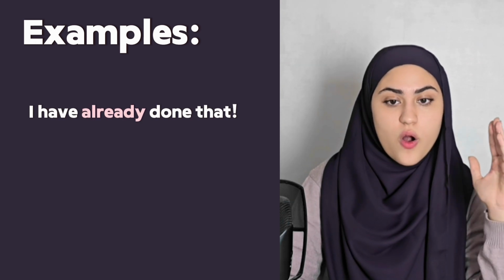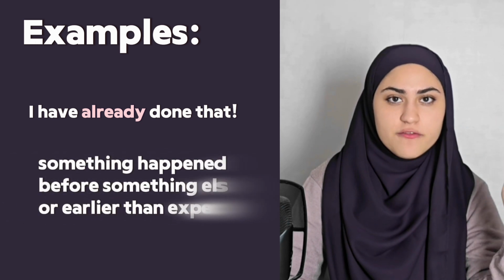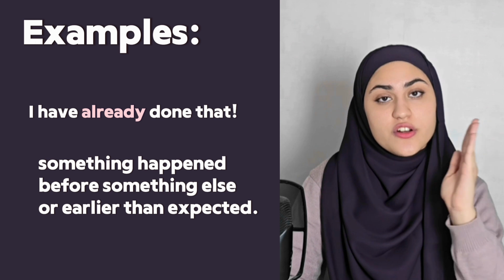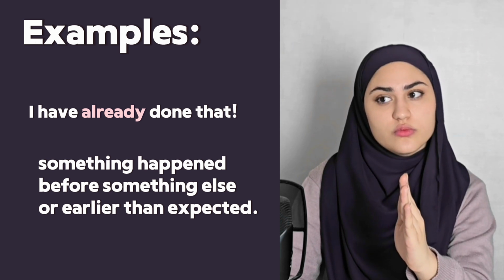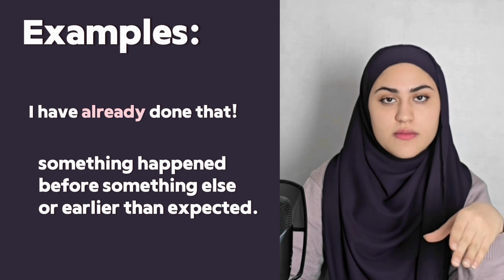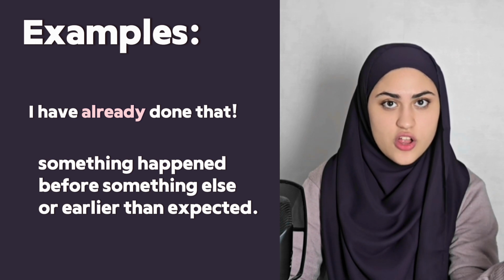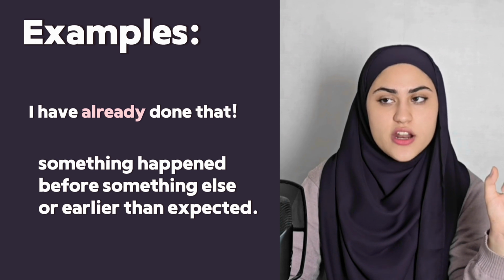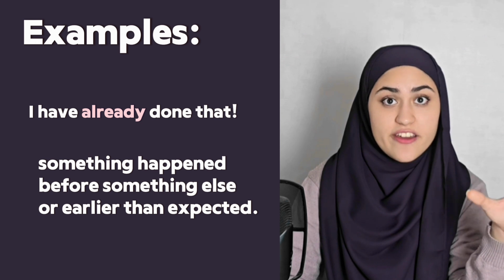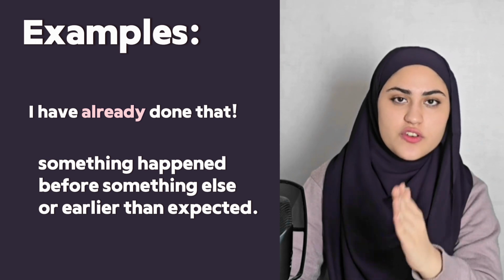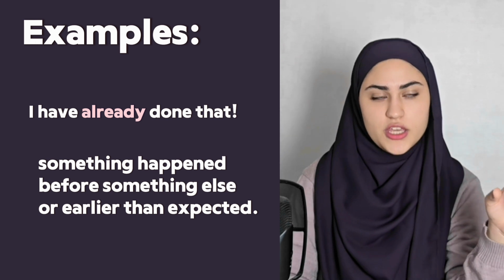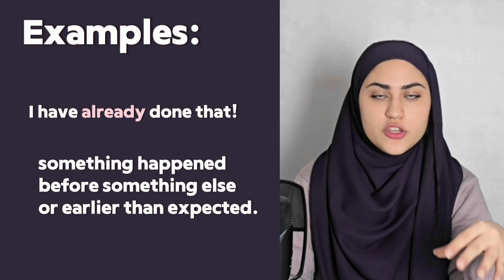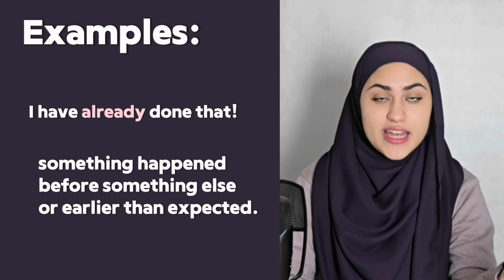I have already done that means that you have done something sooner than the time that you had to. For example, you had to eat your dinner at 10 o'clock. So your parents come and they ask, have you eaten your dinner? Have you eaten sooner than the actual time? Like you have eaten at 9 o'clock, but usually you eat at 10. And it's 10 o'clock now.